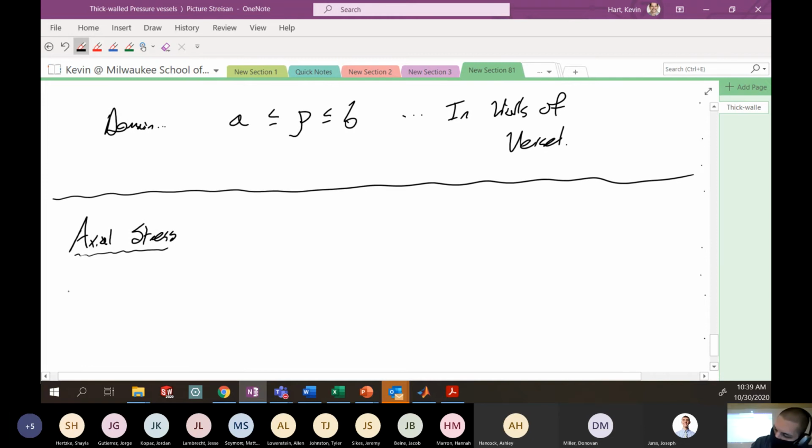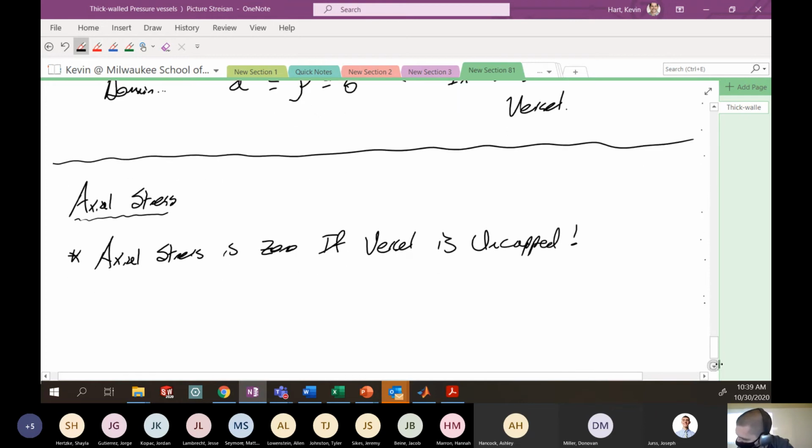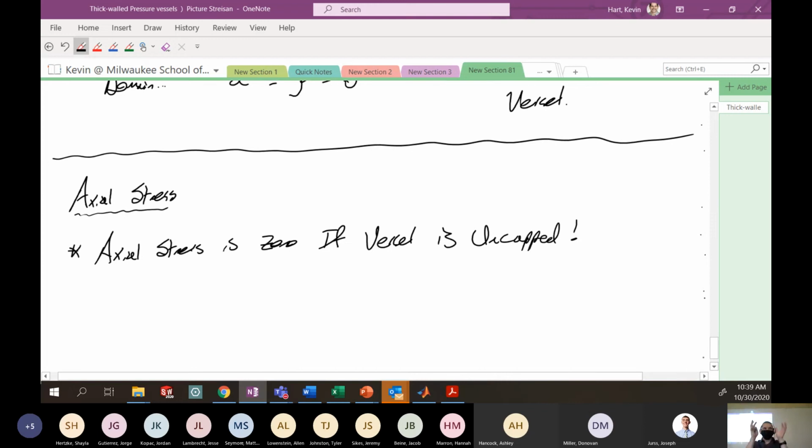The biggest thing you have to think about here is the axial stress is 0 if the vessel is uncapped. And that's because if the vessel is uncapped, it doesn't have caps on either end.